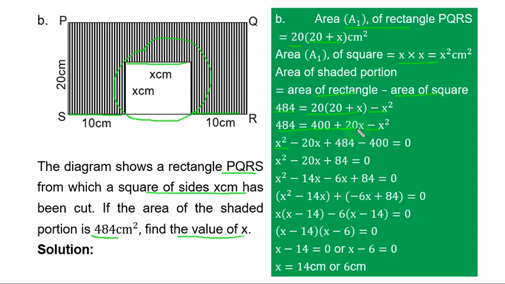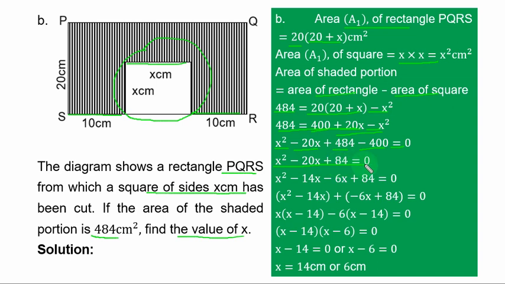You transfer plus 20s, you have minus 20s. Already 484 is there. You transfer plus 400, you have minus 400 equal to 0. If you add these two terms, you have s squared minus 20s plus 84 equal to 0.